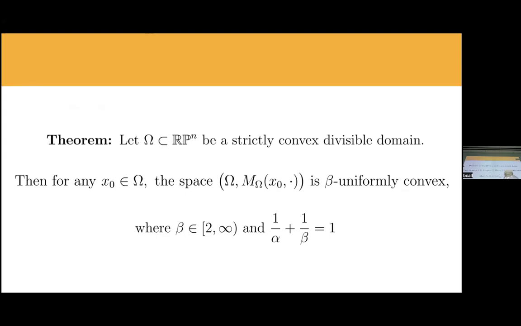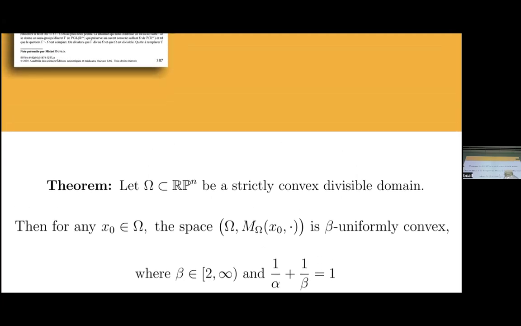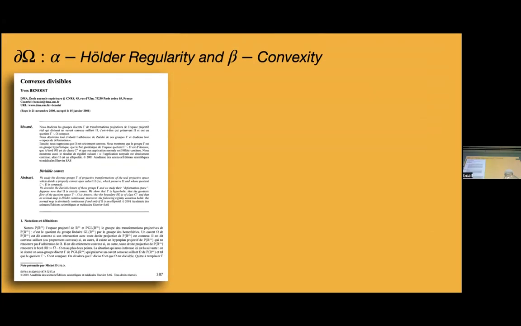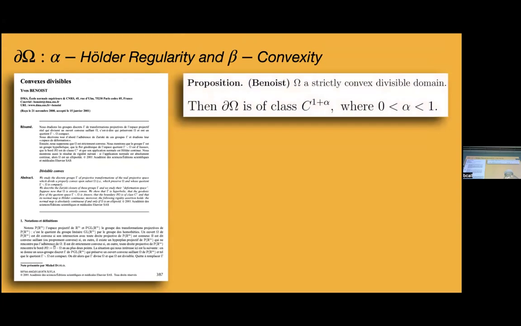Also, in general, this notion of p-uniform convexity was put forth by Shin-ichi Ohta in order to generalize CAT(K) things. So we're like, okay, maybe if they're not CAT(K), are they at least this? Okay, so let's back up and talk about this alpha and beta. Benoist has done a lot of surveying of these things, and he showed that for one of these domains, its boundary is going to be alpha-Hölder.